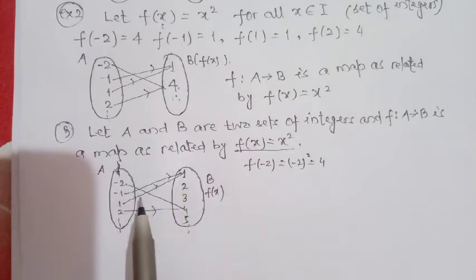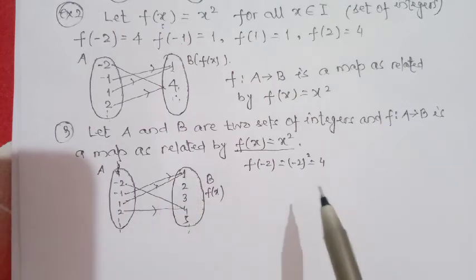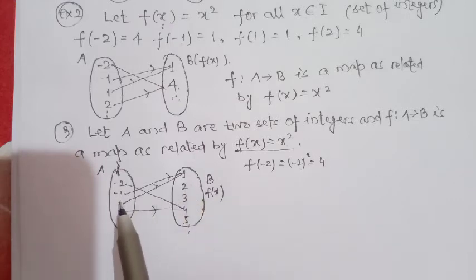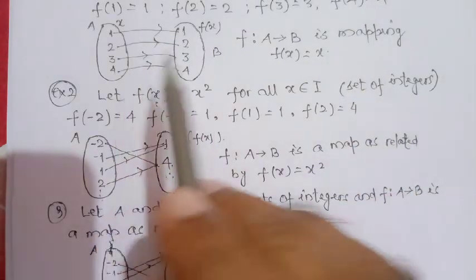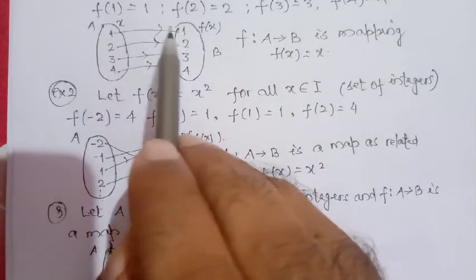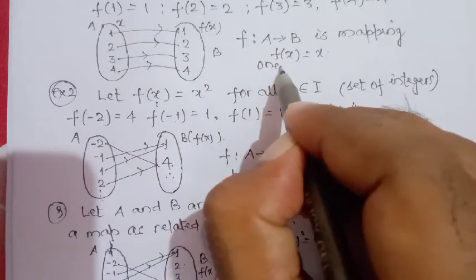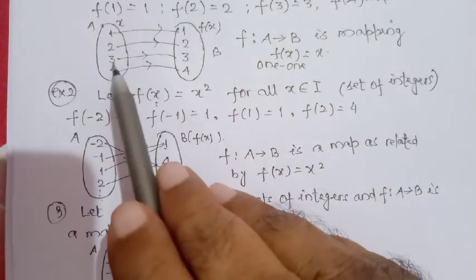More than one element of domain have one element image. And here we see one more thing, that like 2, 3, 5 etc. are not the image of any element of A. So the first case, each element have only one image, so the mapping is called 1-1 map, 1-to-1 map.